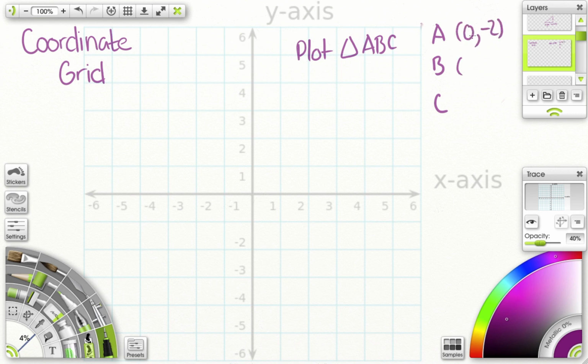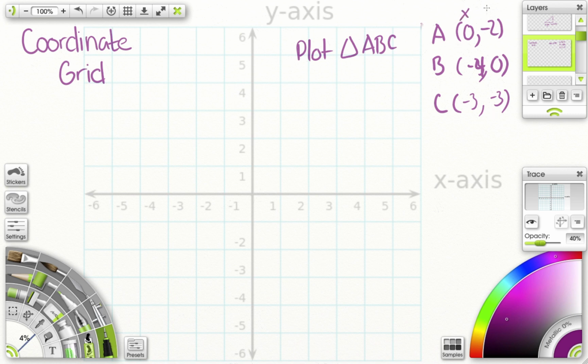B will be -4 and 0. And C will be -3 and -3.